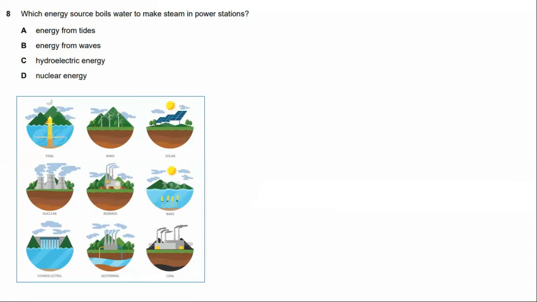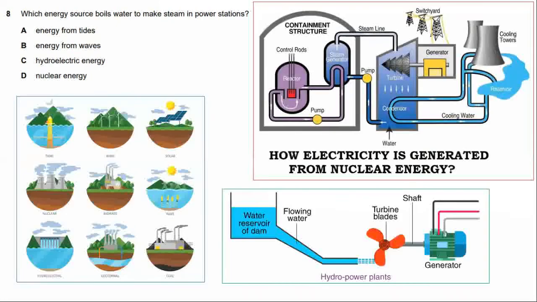So as you can see, the correct answer for this question should be answer D, which is nuclear energy. And we don't have the other methods of electricity production among the answers.